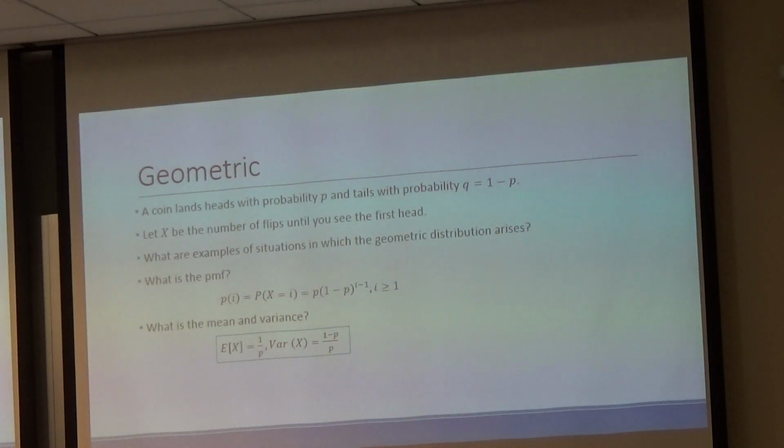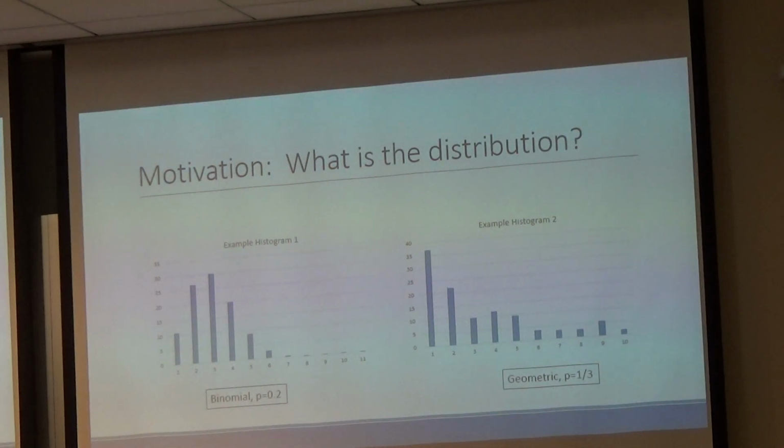And in fact, I'm going to skip ahead. So if you look at the two example histograms that I gave you, what does the geometric look like? Looks an awful lot like exponential, right? That decay looks kind of like exponential. What's the difference? In some situations, it's going to make sense to have continuous.